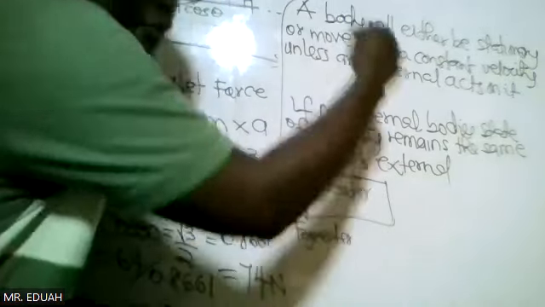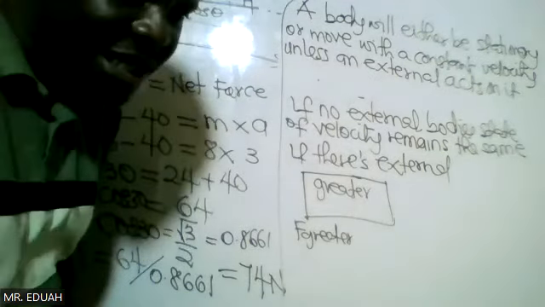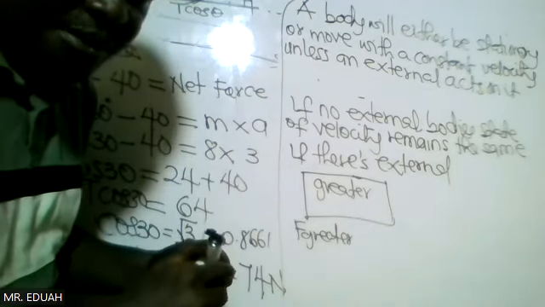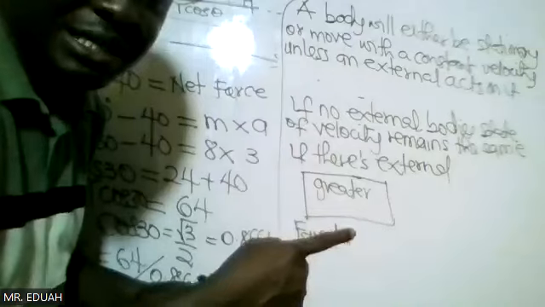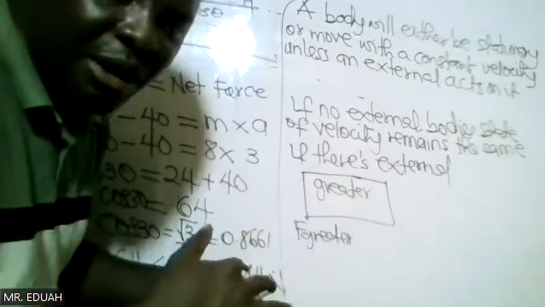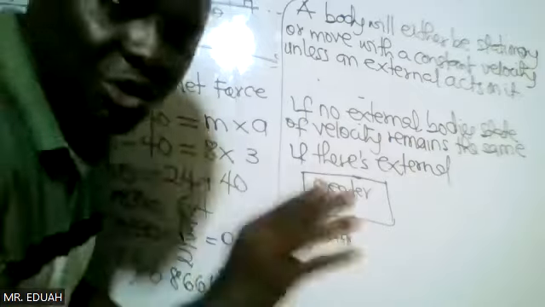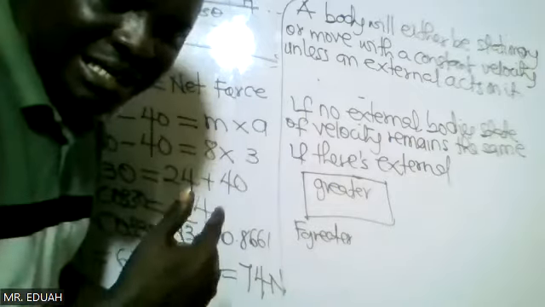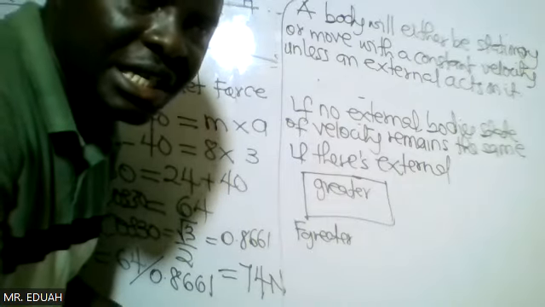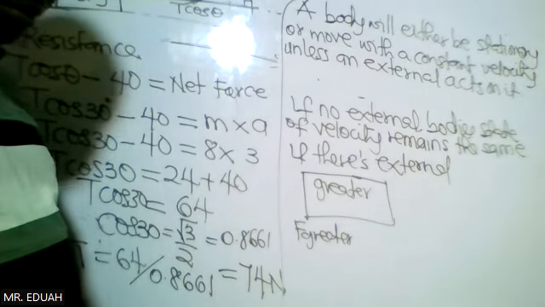And so practically, if two people are stationary and they have different masses, a greater force will be required to push the person with the greater mass. For the person with a smaller mass, just a small push. So the larger the mass, the larger the external force required to change the body's velocity. Is that okay?